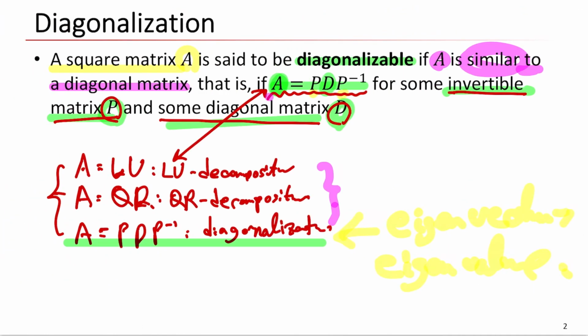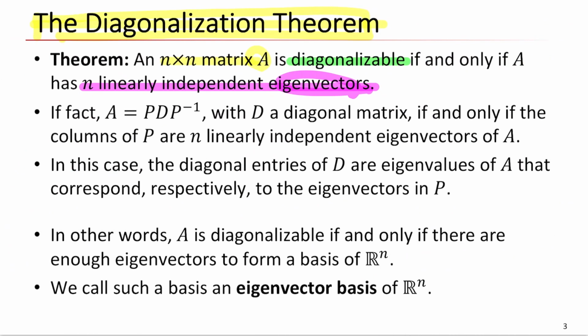Then we can represent the matrix A something like this, right? In fact, A is equal to P D P inverse with the diagonal matrix D if and only if the columns of P are n linearly independent eigenvectors of the matrix A. In other words, if there exist n linearly independent eigenvectors, then we make a matrix P consisting of these linearly independent eigenvectors.